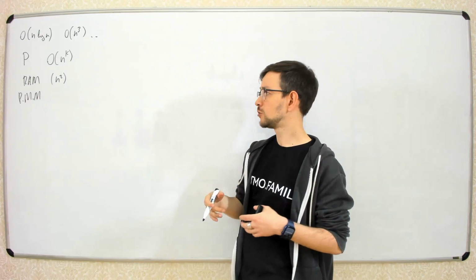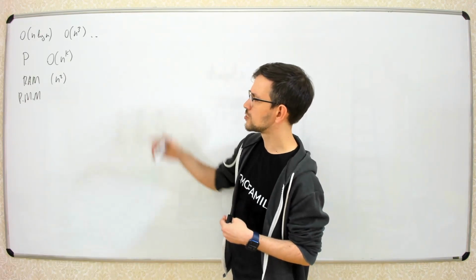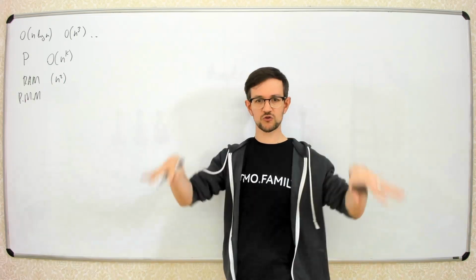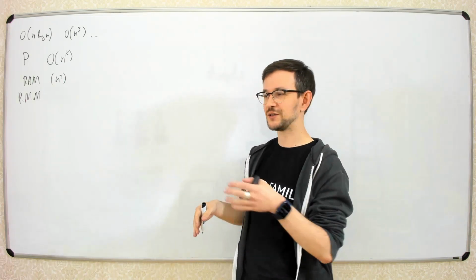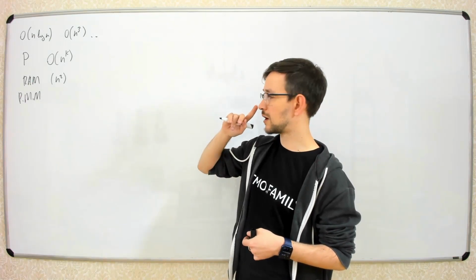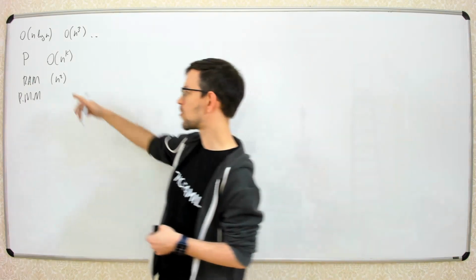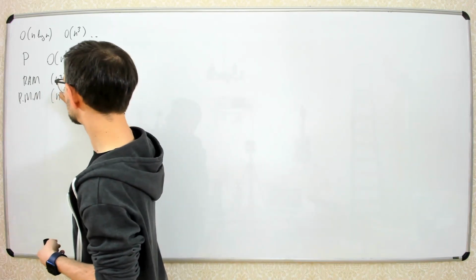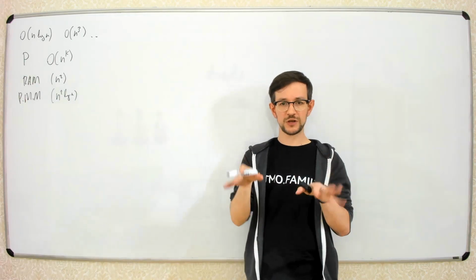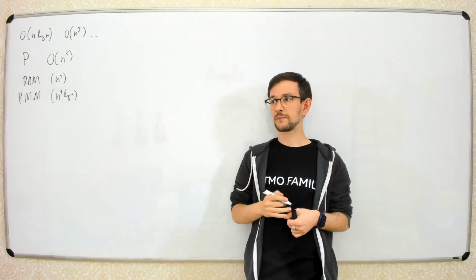You can simulate the RAM model in the pointer machine model just by adding a tree of all elements. So the time complexity is greater than in the RAM model by a logarithm, or even the same. It may be like n squared log n, just because you don't have arrays and you need to build this tree to access the elements of your array.